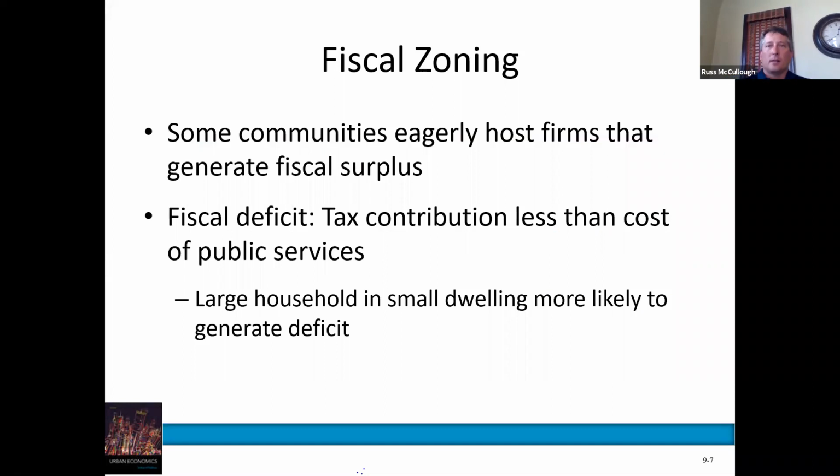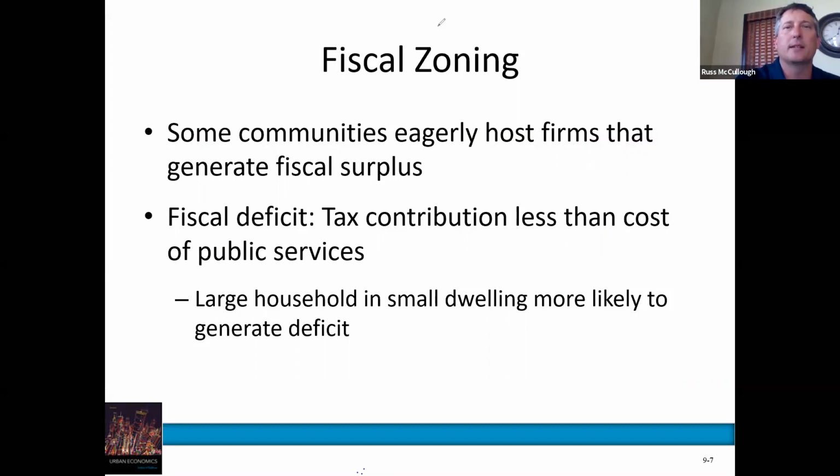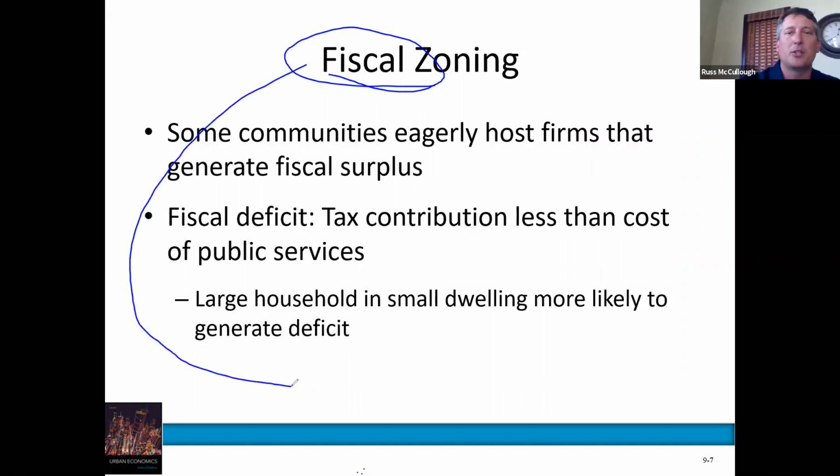Okay, so when we do zoning, people should be thinking about the fiscal impact. What do we mean by fiscal? Fiscal impact is government taxes. If we think about the government budget, you've got government savings.